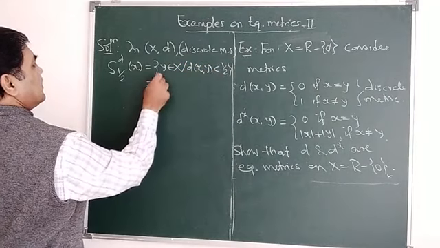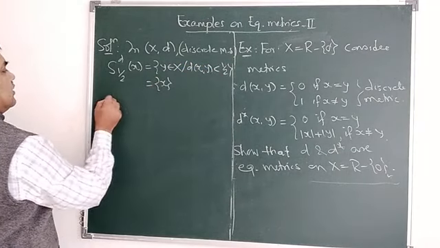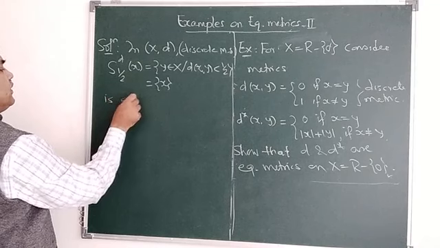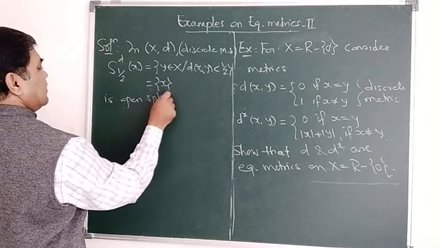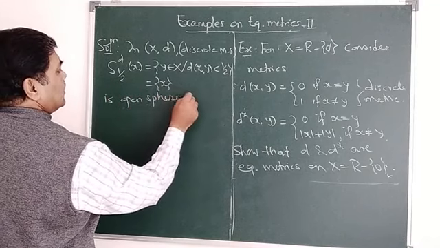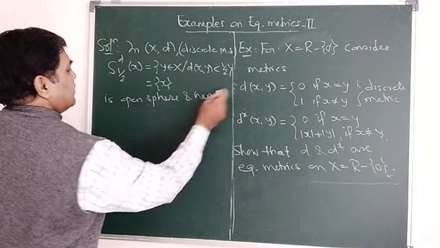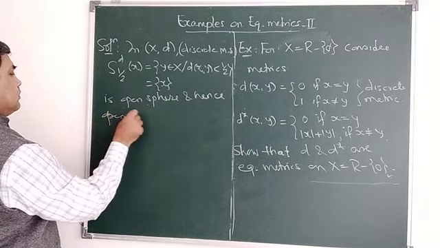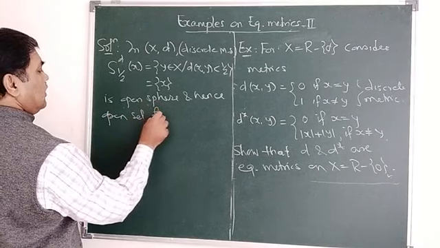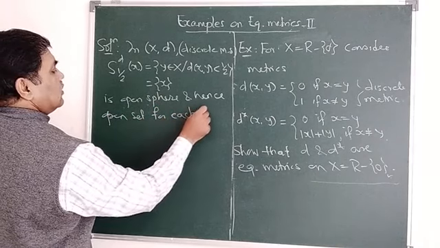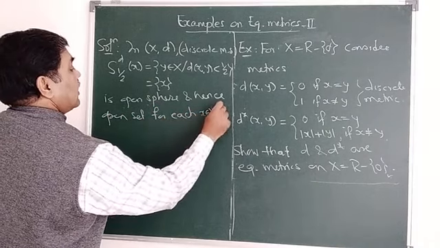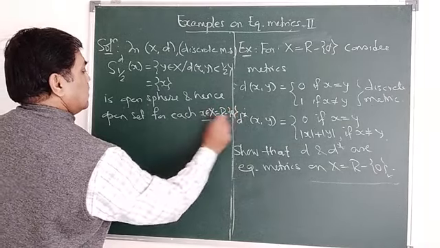This is just singleton x, an open sphere and hence an open set, for each x belongs to x is equal to R minus 0. Okay.